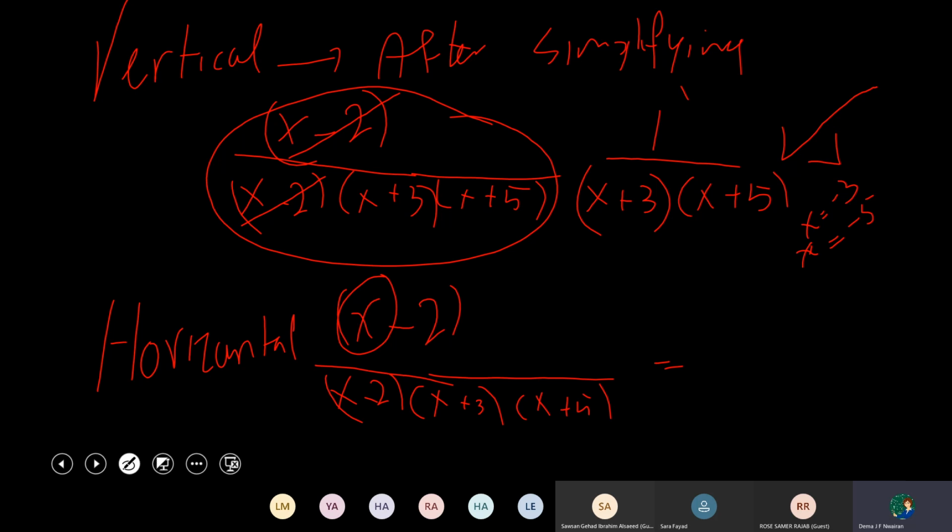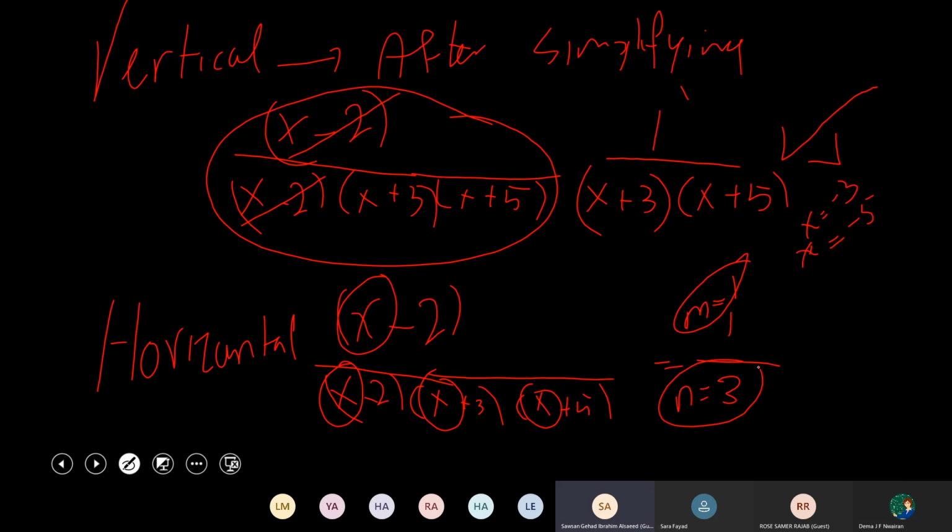What is the power? It is 1. And down, how many x do I have? It's cubic, 3 x's. I mean that the power here is cubic, or 3. So since now m is 1, y equals 0 is the horizontal asymptote, since m is less than n, so there's a horizontal asymptote at y equals 0.